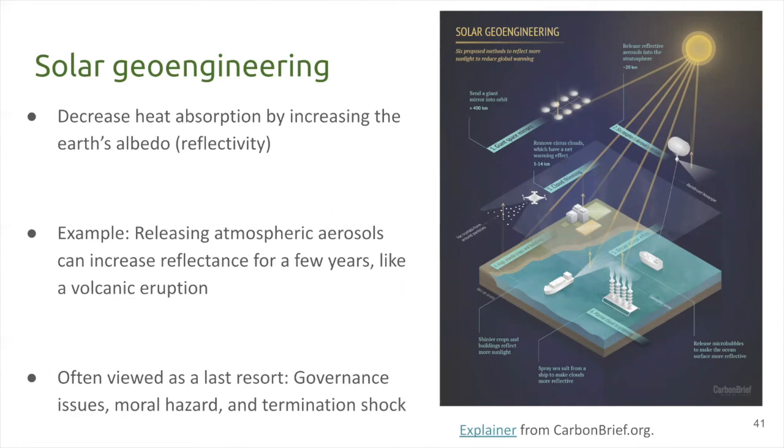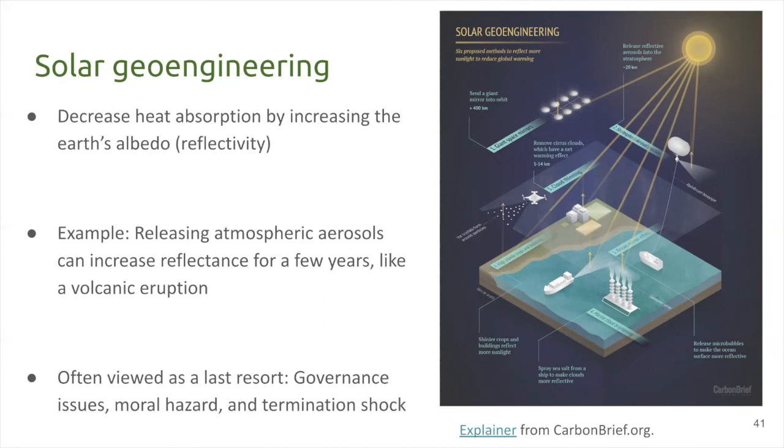One of the most common proposals for doing this is to release sulfates into the atmosphere. This mimics the effect of a volcanic eruption. And since there have been many studies of volcanic eruptions in the past, we have an understanding of how that controls temperature, at least for a few years before the sulfates fall back to the earth.